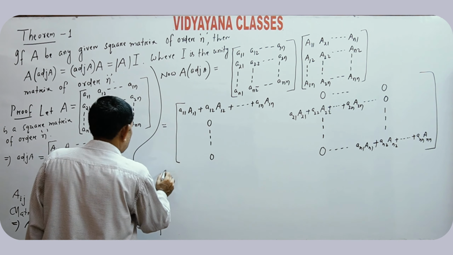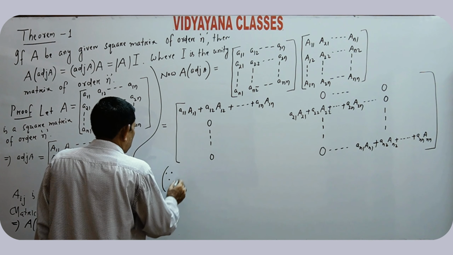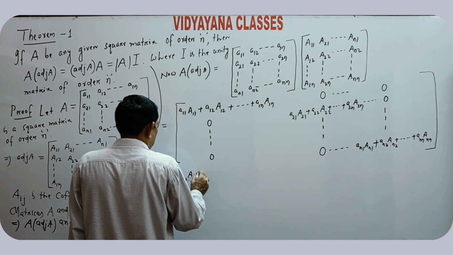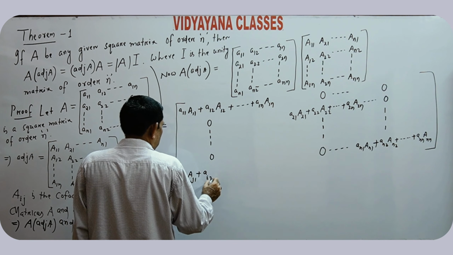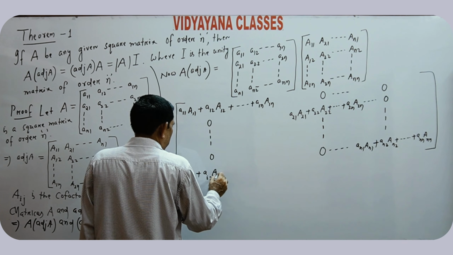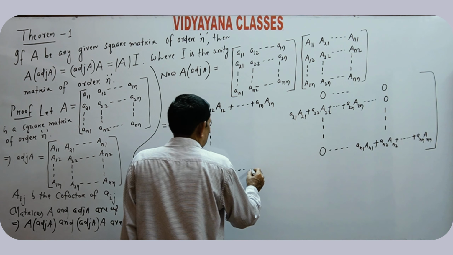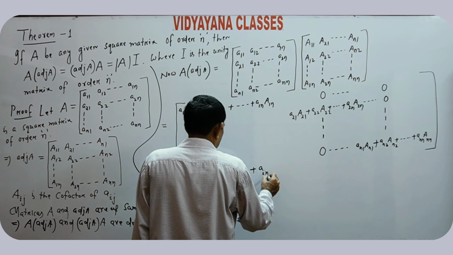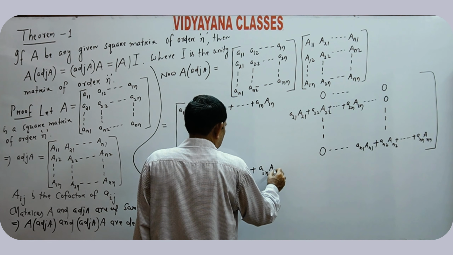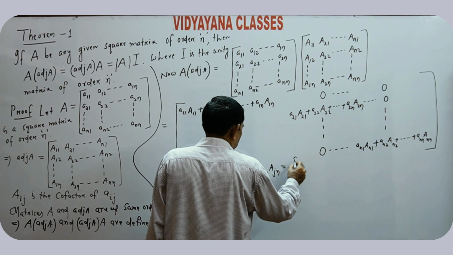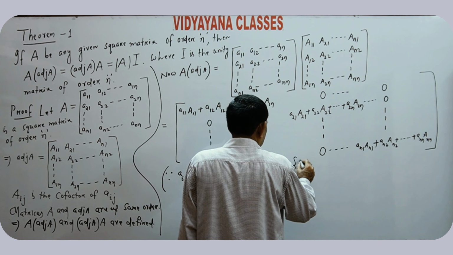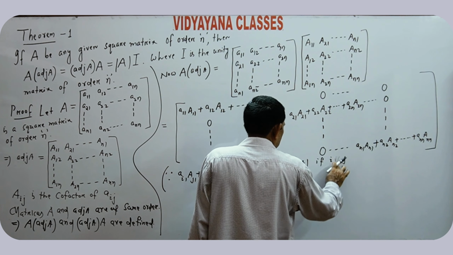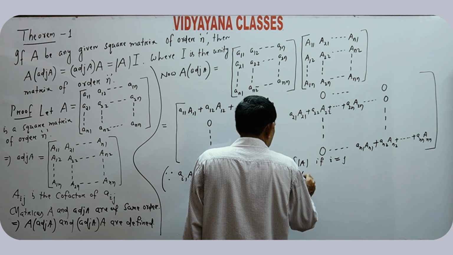Clear? Since ai1 capital Aj1 plus ai2 capital Aj2 plus dotted ain capital Ajn is equal to determinant A if i is equal to j, and 0 otherwise.